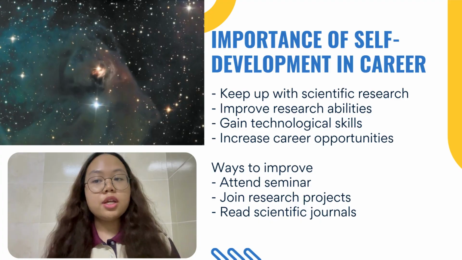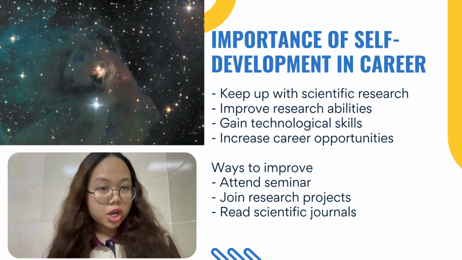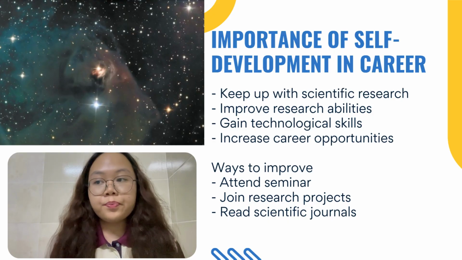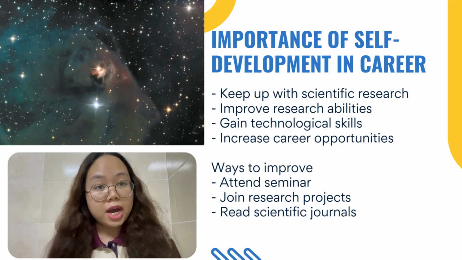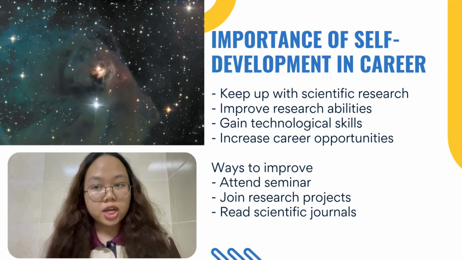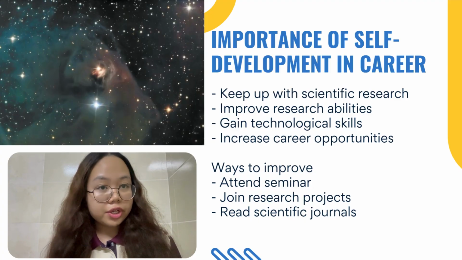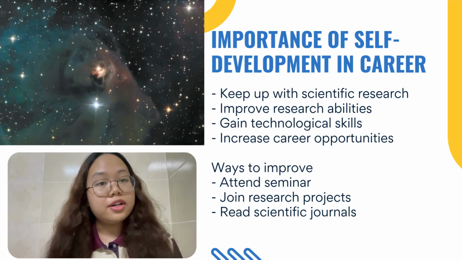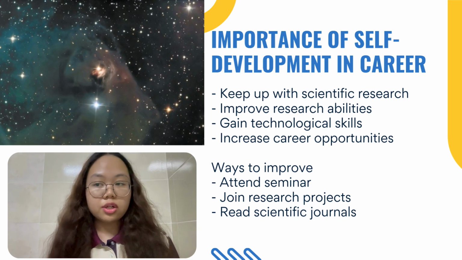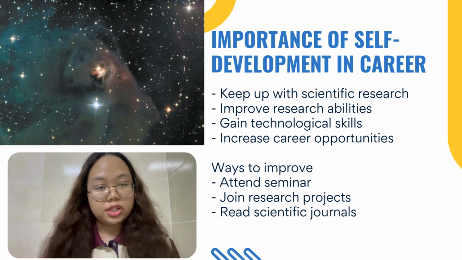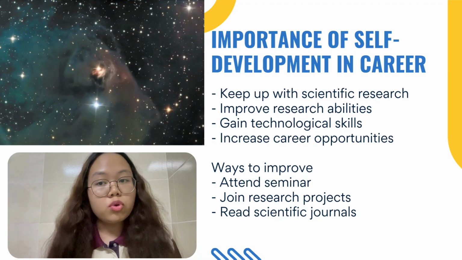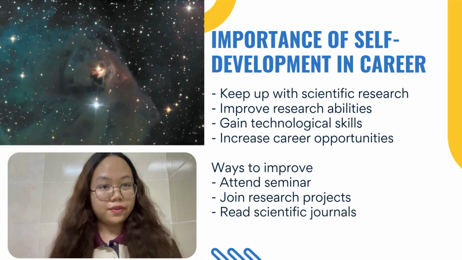In this field, we can improve by keeping up with scientific research and improving research abilities. These ways of improving are by attending seminars, joining research projects, and reading more scientific journals regarding nuclear reaction in stars. Other than this, we also need to gain technological skills and increase career opportunities so that this field will offer a lot of job scopes.